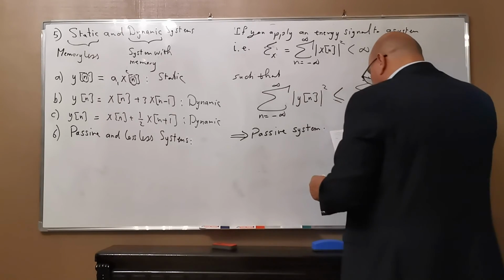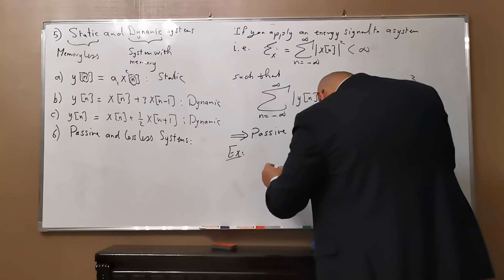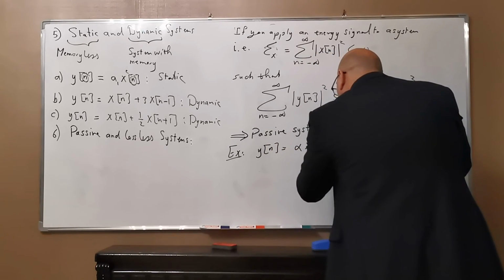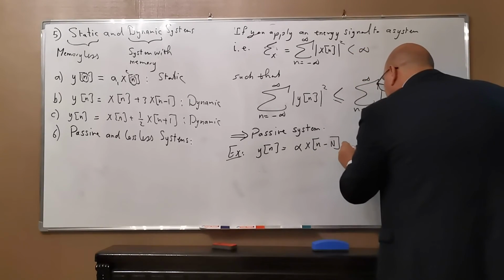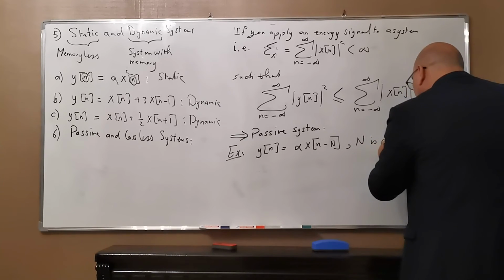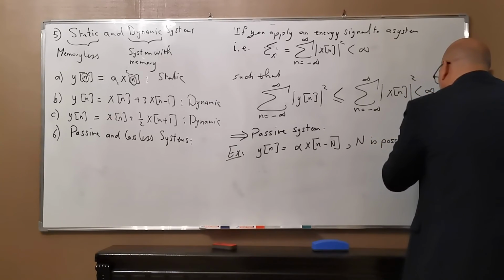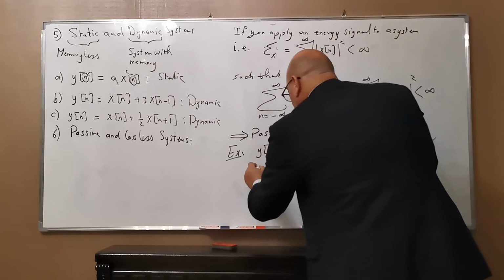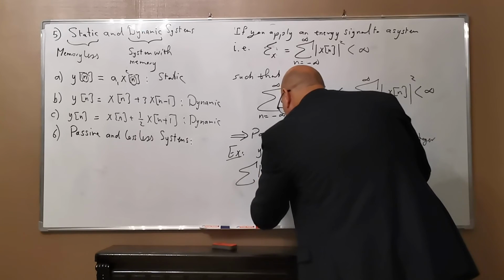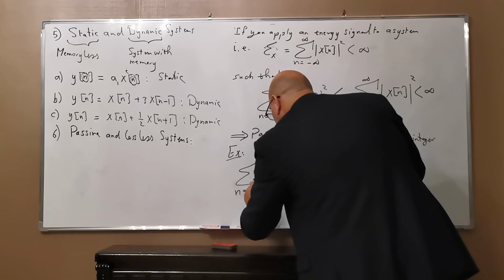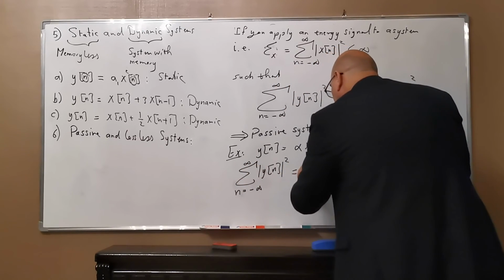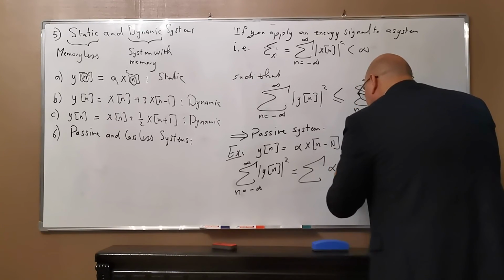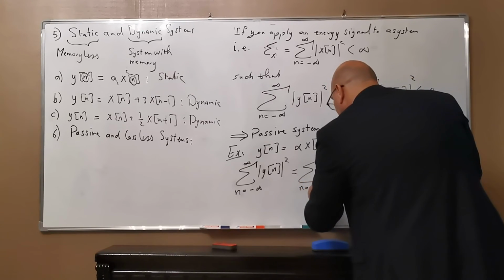Okay, so let's take a final example. If we have y of n equal to alpha x of n minus capital N, where capital N is a positive integer, then the summation of y of n magnitude squared from n equals minus infinity to infinity equals the summation of alpha x of n minus capital N magnitude squared from n equals minus infinity to infinity.